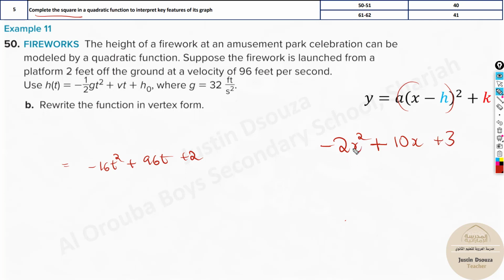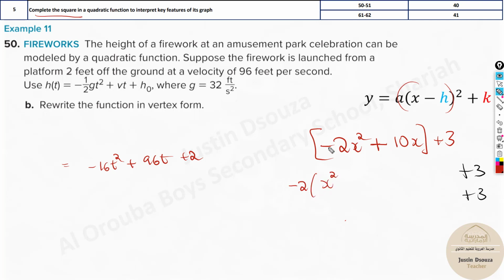Now here, what is the thing? This term cannot have any coefficient other than 1. Even minus cannot be there. So what I will do is just focus on these two terms, not this. Leave this aside. Let it be outside. This plus 3 is somewhere outside. Now what happens over here inside? Take the negative 2 common out because 10 can be written as 2 times 5, right? So I will remove minus 2 outside. What is remaining?